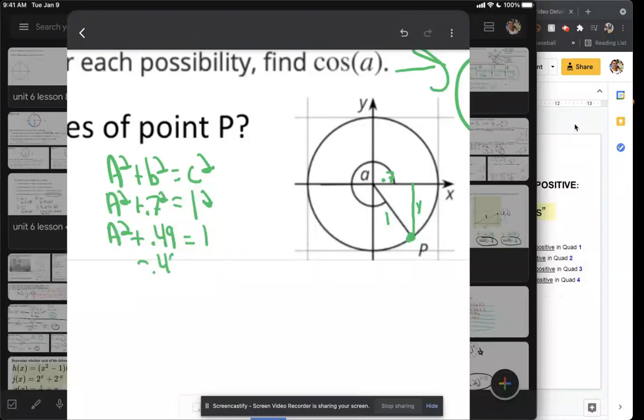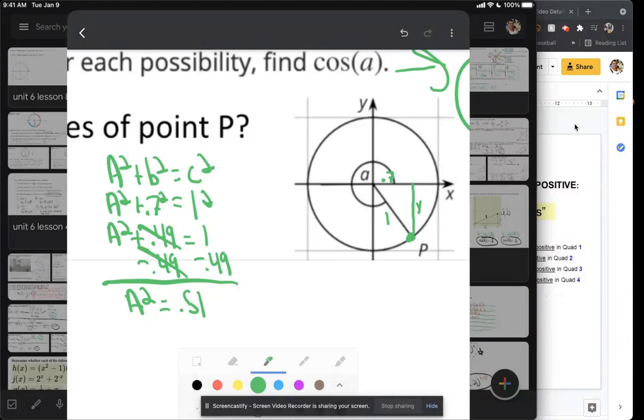I'm going to subtract 0.49 from both sides. So a squared is going to be 1 minus 0.49, which is 0.51. So I'm going to square root both sides.